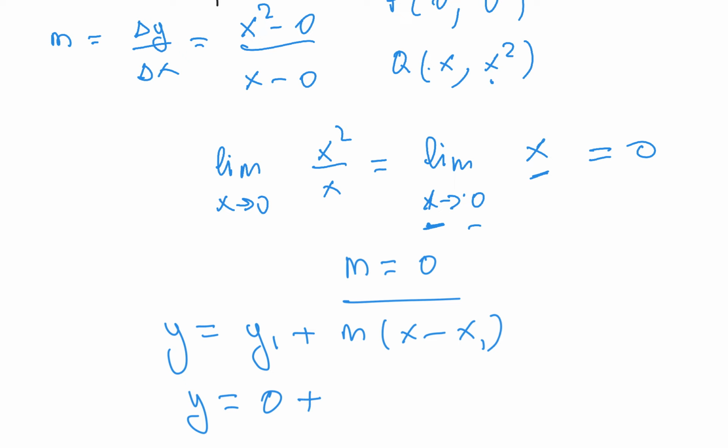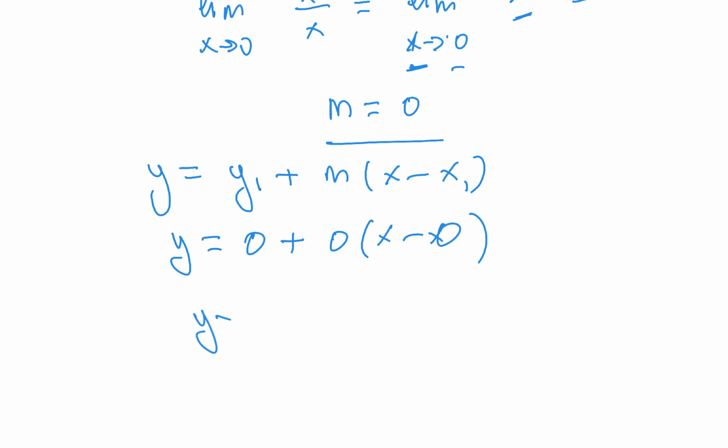M is 0, multiplied by x minus x1, and x1 is 0. 0 times x is 0, so y equals 0 is the equation of the line that is tangent to the parabola at the point 0, 0. And y equals 0 is the x-axis. So this is the equation.